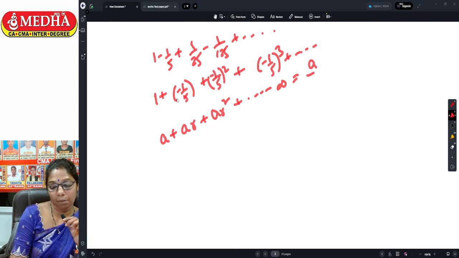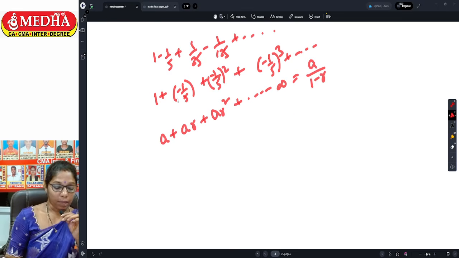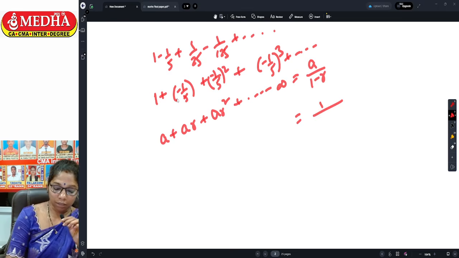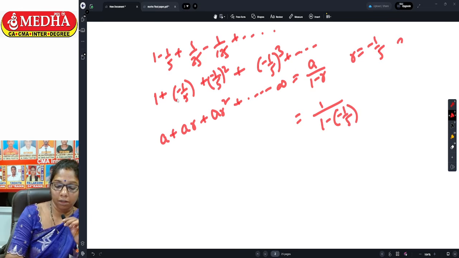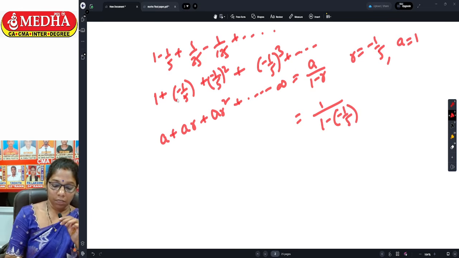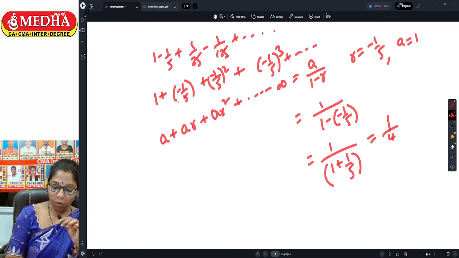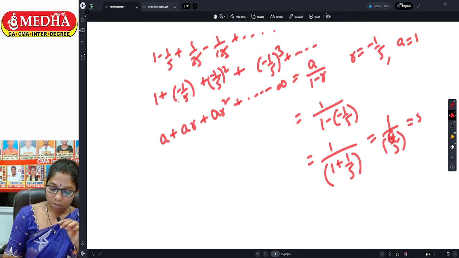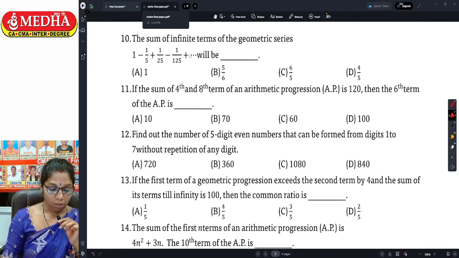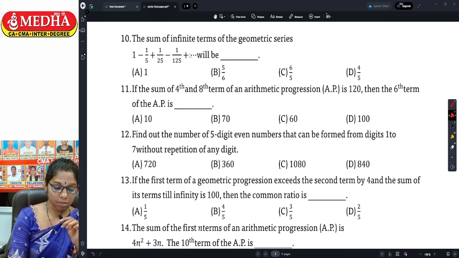The sum to infinity is a by 1 minus r. Here a is 1 and the common ratio r is minus 1 by 5. So it is 1 by 1 plus 1 by 5, which is 1 by 6 by 5. Finally it is 5 by 6. 5 by 6 is the solution.